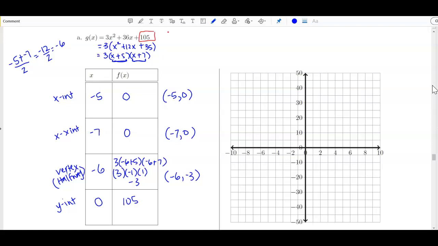Here is my -5, 0, here's my -7, 0, and then my vertex is over -6 down 3, which is maybe about here, because these are moving by tens on the y-axis, so it's not very far. And like I said, the y-intercept is going to be clear up here, so we just know that it's going to be something kind of like this.